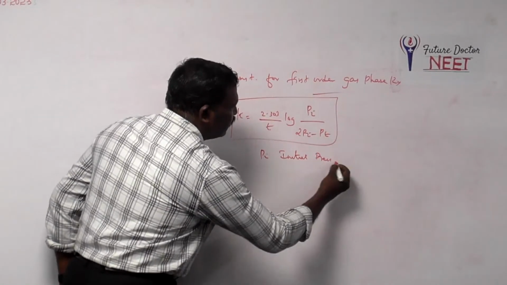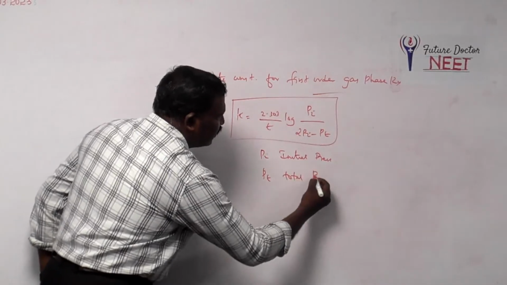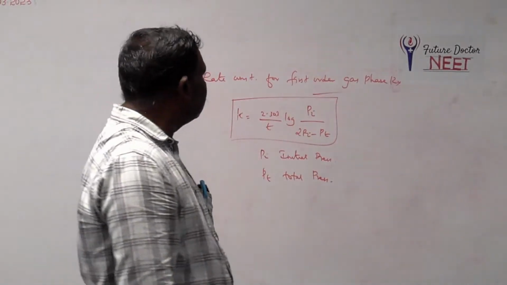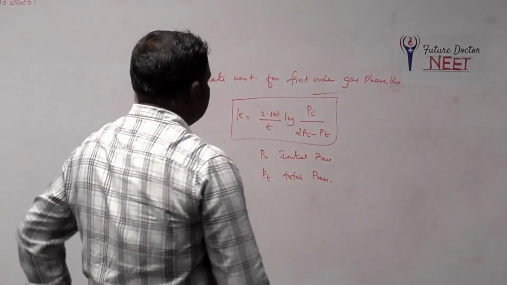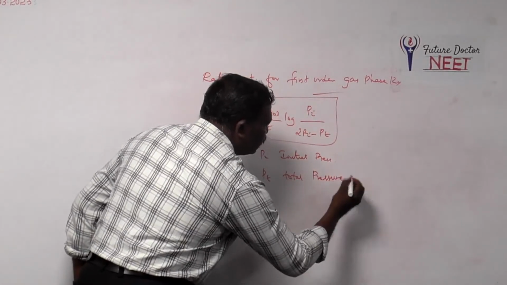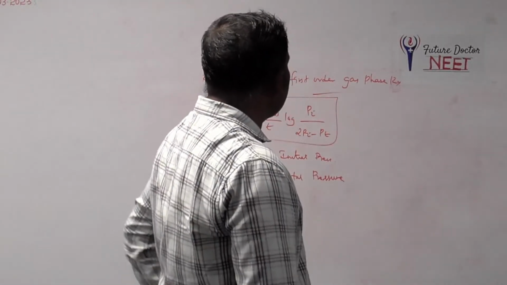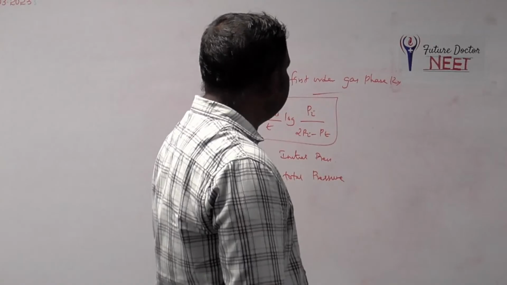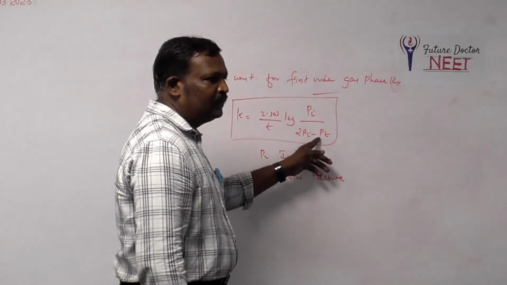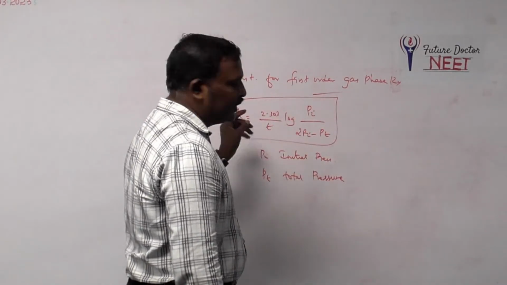Pt is called total pressure. They'll give everything: initial pressure, total pressure, and time is also given. So if you substitute, we can get the k value.